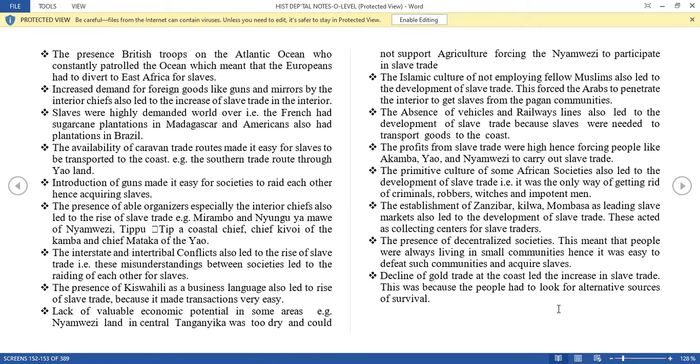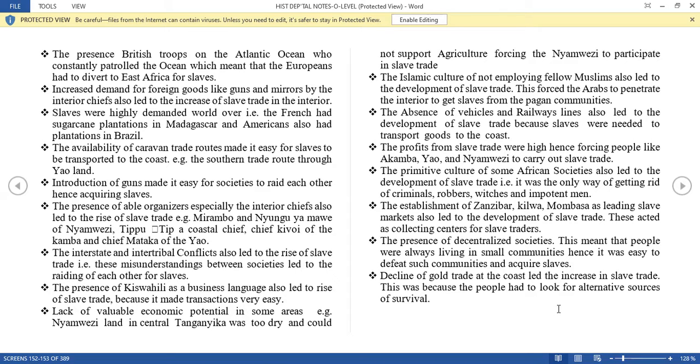Then we look at the transportation, which made it easy. Remember, before we look at slave trade, there was a topic called long distance trade. In the long distance trade, we had the trade routes, the northern, the central and the southern trade route.